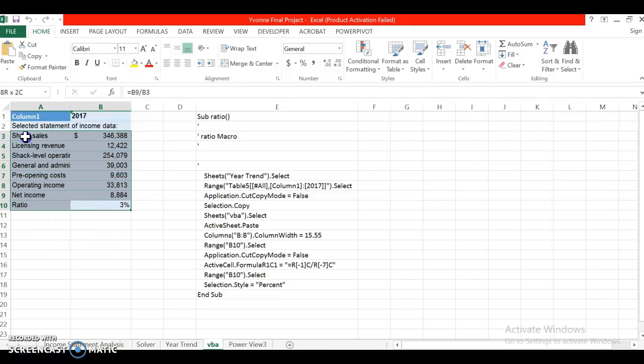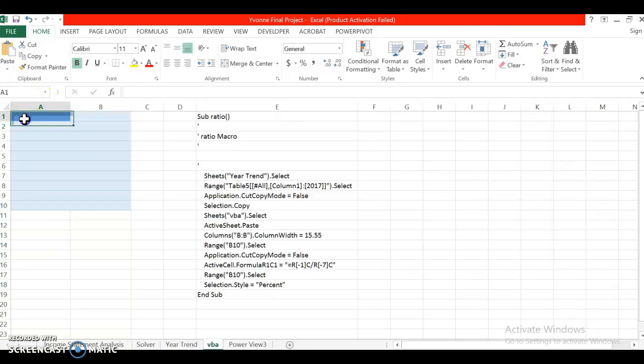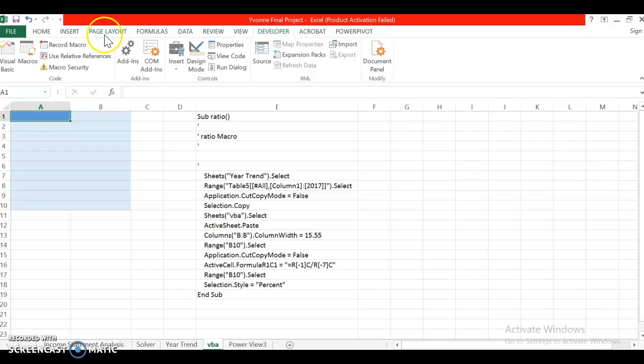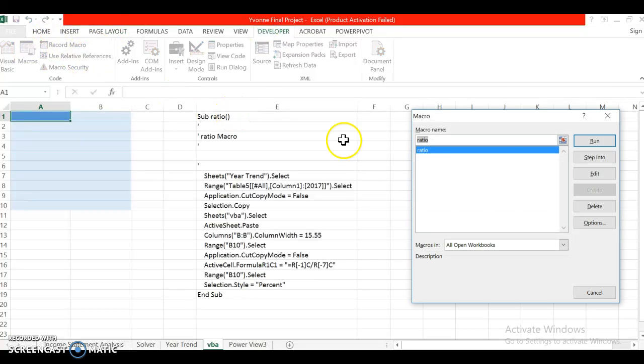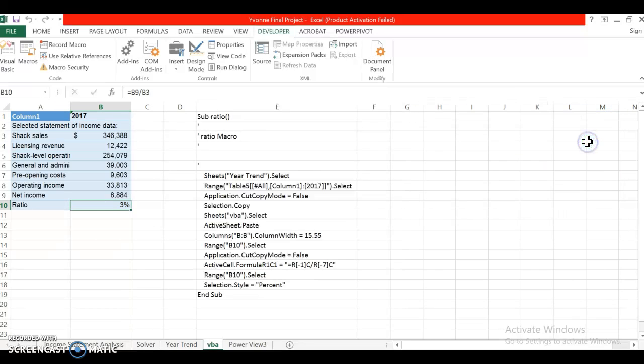Basically, let me delete this data. I already recorded a macro here, as you can see the script on the right. Now let's just quickly run this macro to see how it works. So let's go to developer, go to macros, select ratio, which is the name of the macro, and click run. It will give us the ratios.